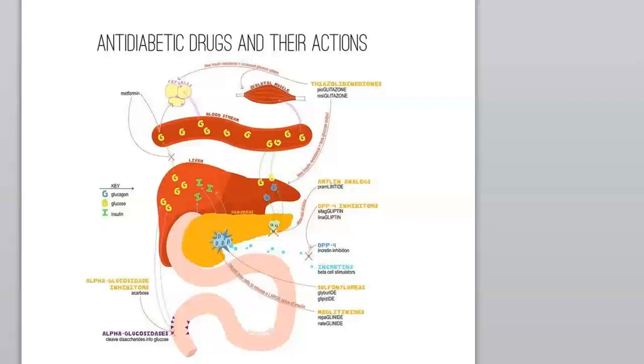Now remember, as I said before, your type 1s are going to be strictly on insulin. Now, not necessarily for your type 2s. We may start them on, which I'm going to talk about in just a short time, the anti-diabetic oral meds. And I'll go over those different classifications as well.